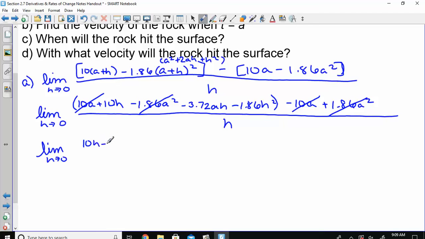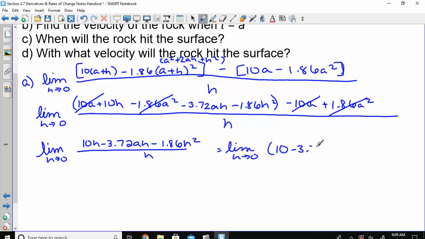So everything that's left, what could you do? And then if you plug in 0 for your h, you get 10 minus 3.72a.